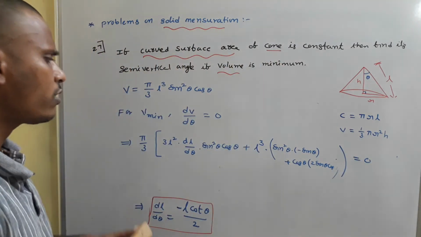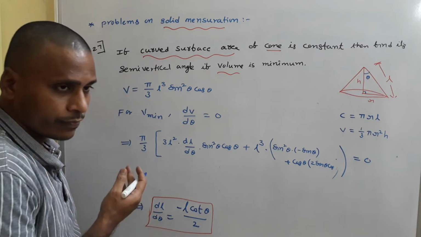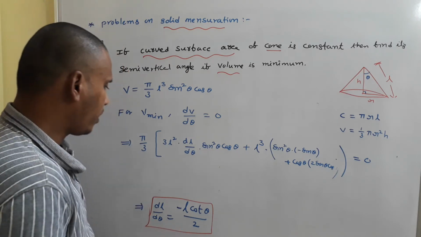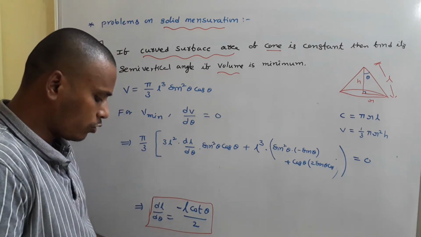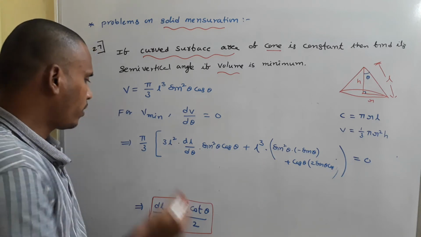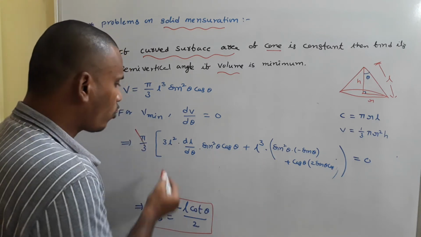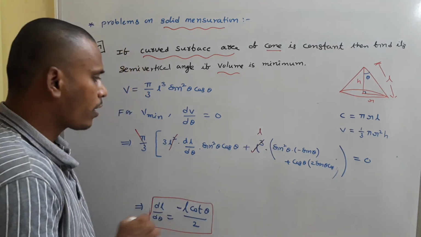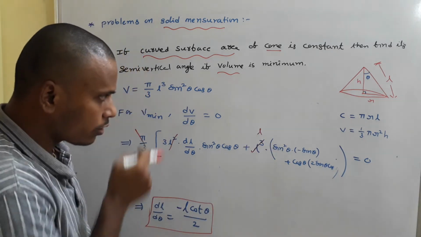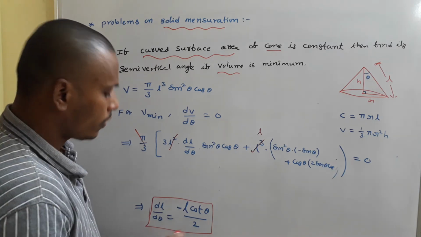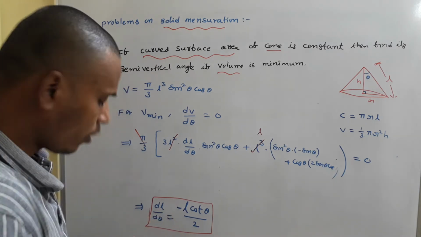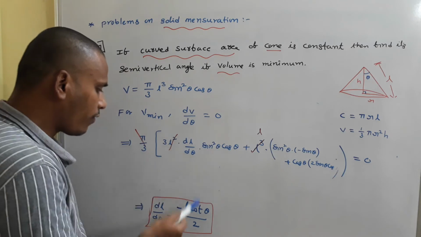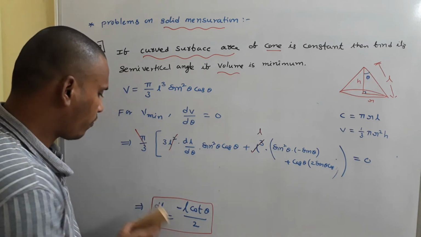So if you simplify this, automatically you will get what? Theta, semi-vertical angle. See, since this is equals to 0, you just cancel out this pi by 3. As well try to cancel out L square and you left with L here. Okay, and now, what we need to cancel some more? I will simplify this, you just have a look. Use this dl by d theta with this minus L cot theta by 2, that's enough.